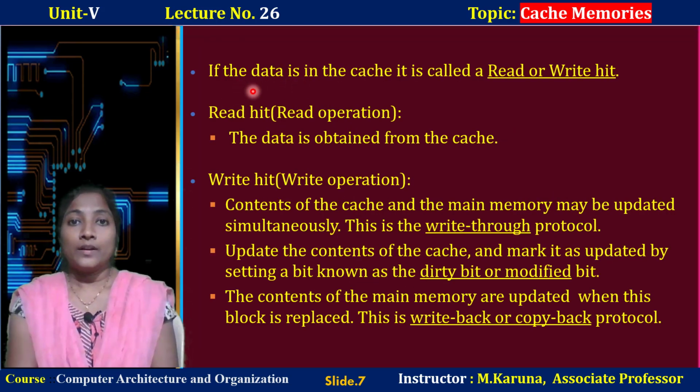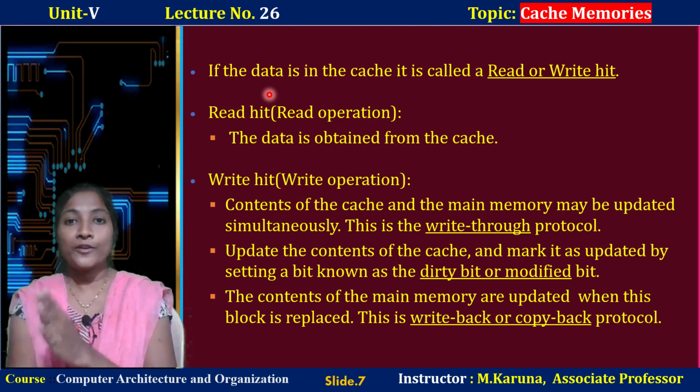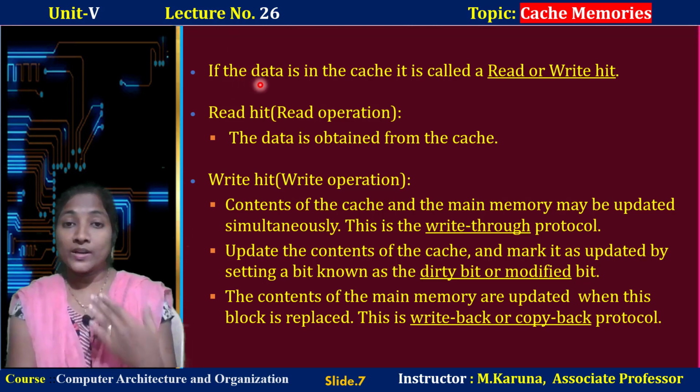Suppose the processor sends a read request signal to the cache memory for reading the required data or instruction code from the memory. If the required data is present in the cache, it is called a read hit or write hit.